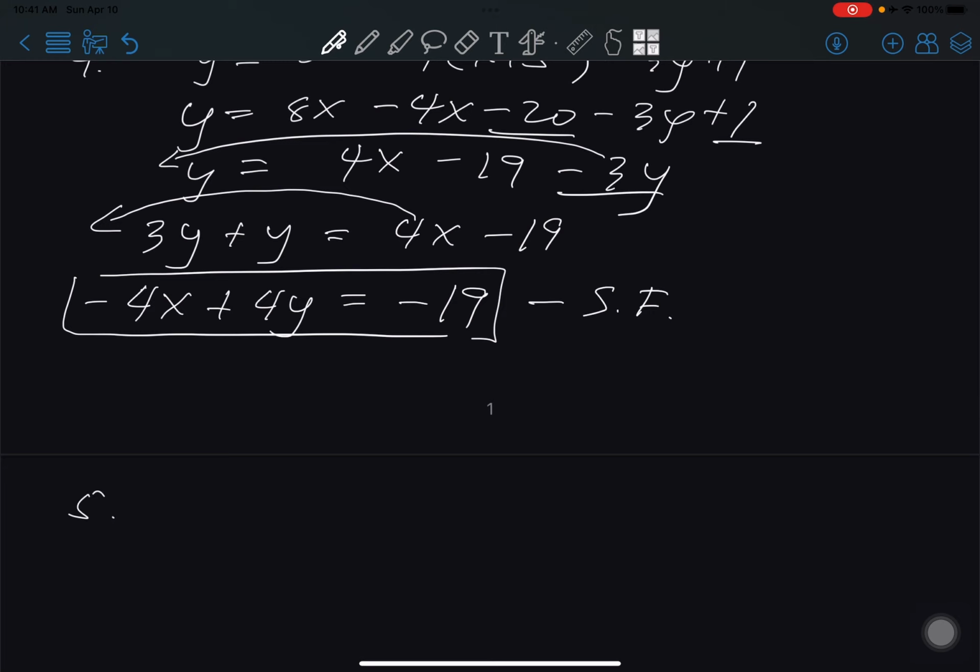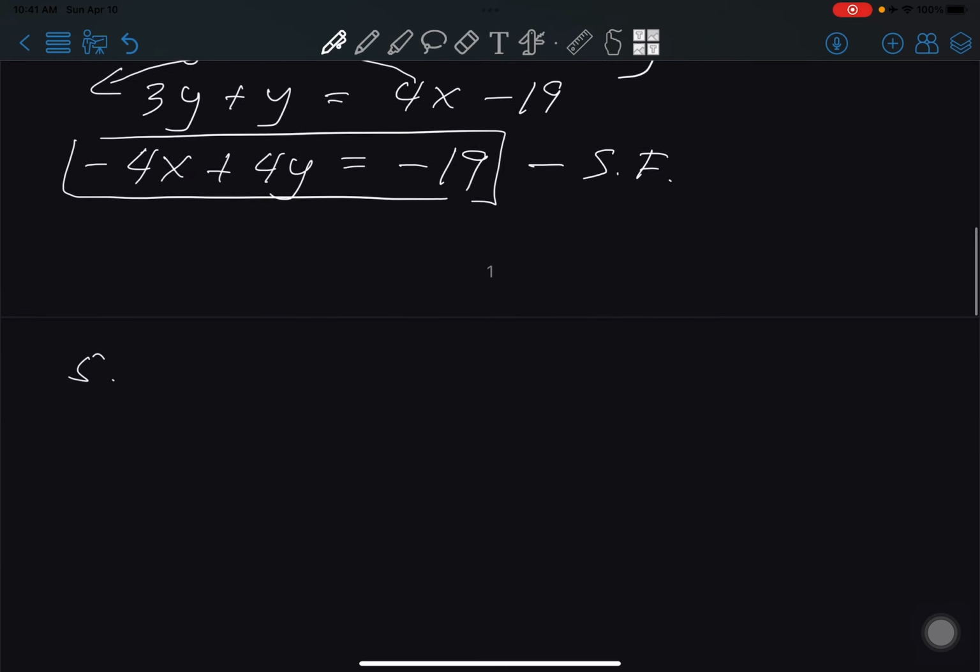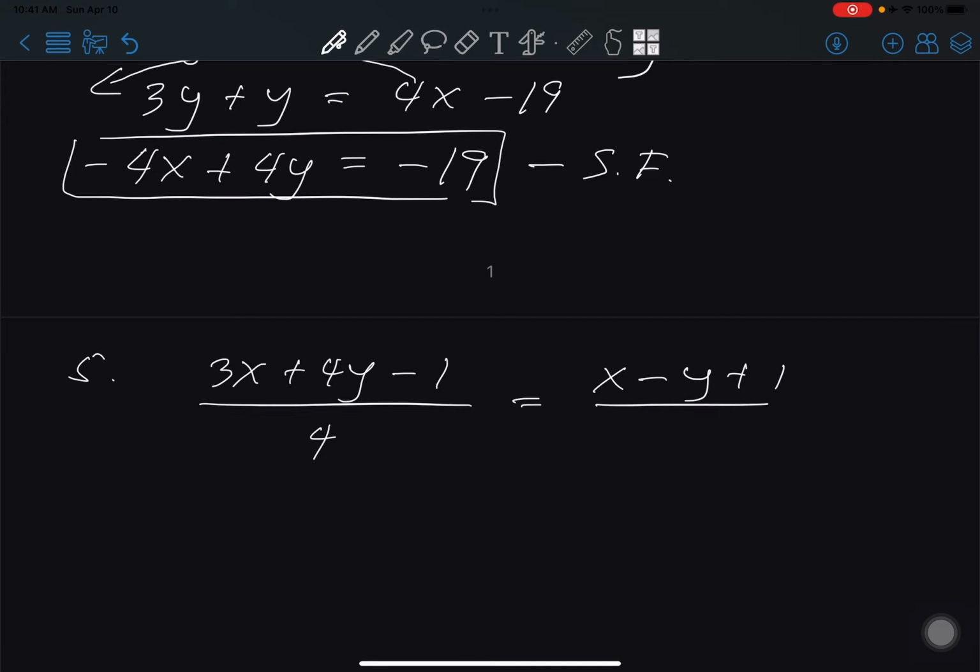And one more example. Let's say we have 3x plus 4y minus 1 all over, let's say we have 4 is equal to x minus y plus 1 all over 2.